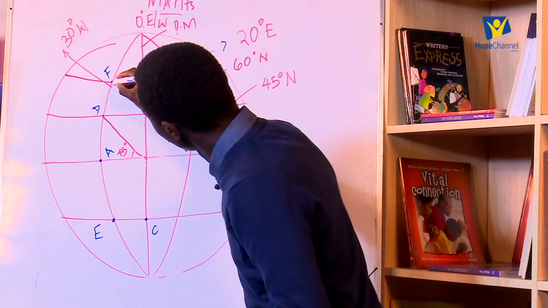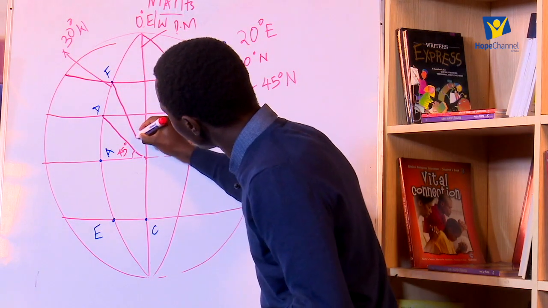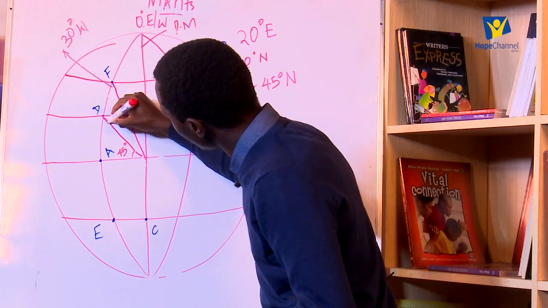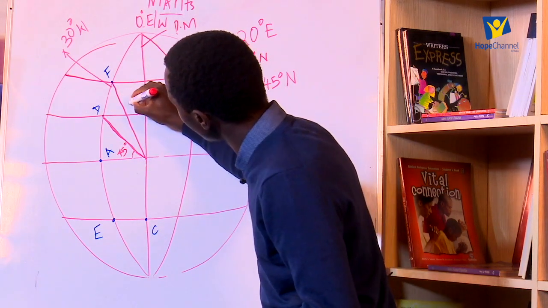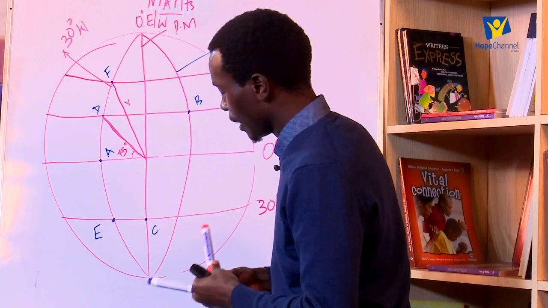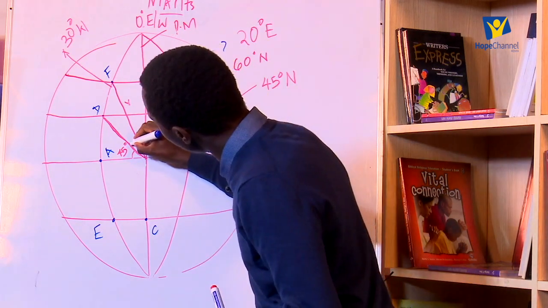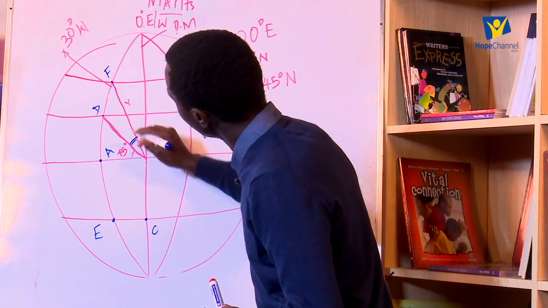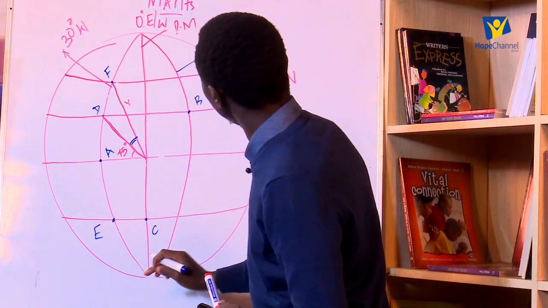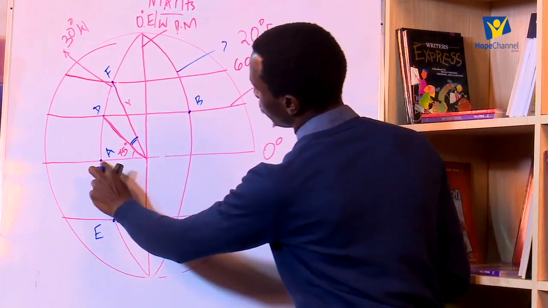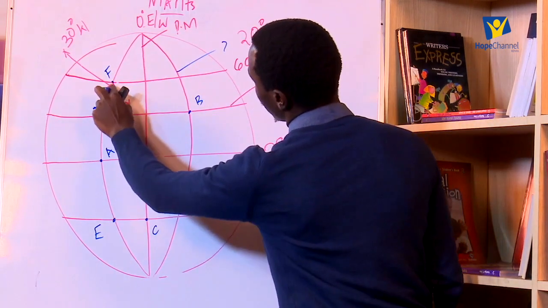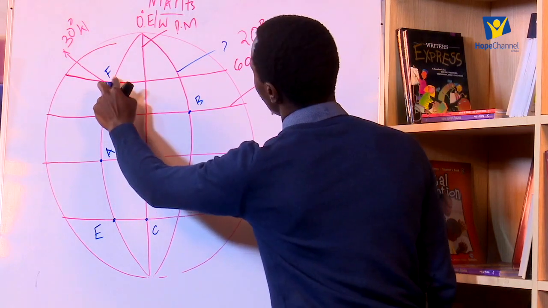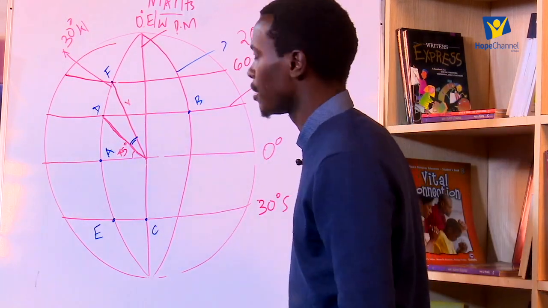Now let me join it. So we have the radius of the earth, which is this R here. Then there is this angle that is made between D and F. Remember, D is 45 degrees north, F is 60 degrees north. Now what is the angle between them?